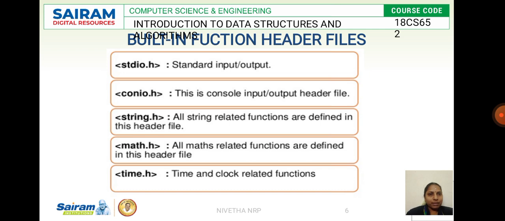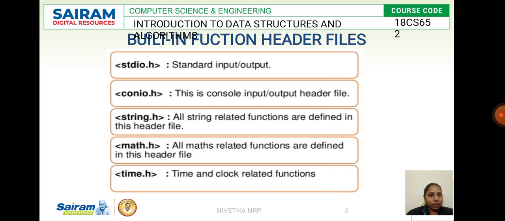Some of the built-in header files we have in C are stdio.h, which is standard input output, and conio.h, which is used for console input and output. We give this through a header file.